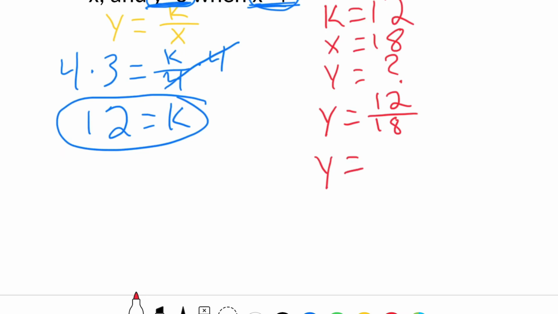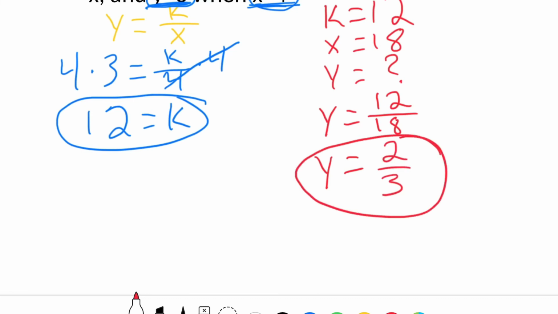Now, can we simplify that fraction? We can. Both of them we can divide by the same number, and it simplifies to 2 over 3.